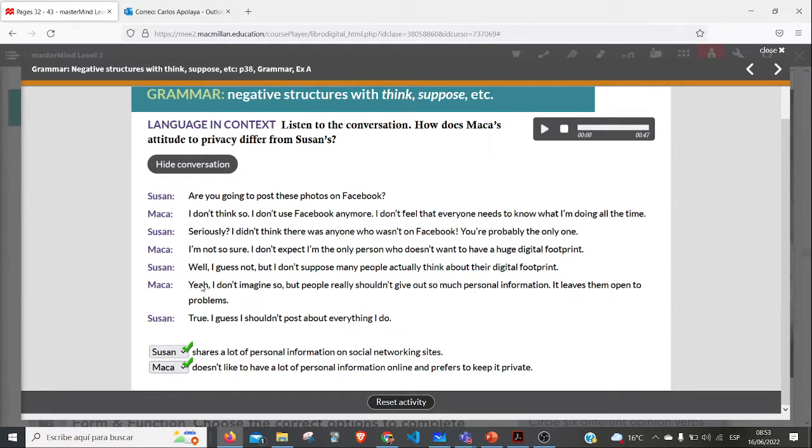Yeah, I don't imagine so, but people really shouldn't give out so much personal information and leave them open to problems. True, I guess I shouldn't post about everything I do.